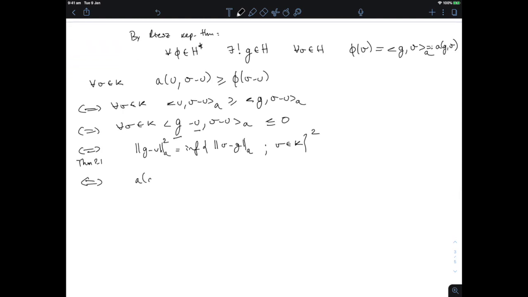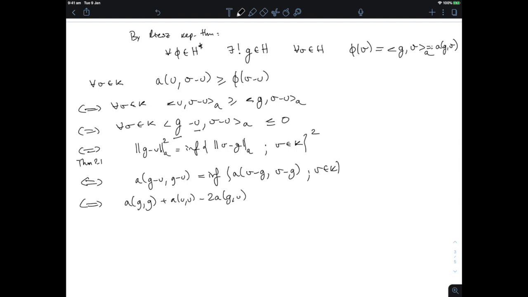We've got that A of G minus U, G minus U has to be the infimum of A of V minus G, V minus G over all V in K. And then we can expand this and we get A of GG plus A of UU minus the cross term, and we use symmetry here, equal to the infimum of A of GG plus A of VV minus 2 A of VG, also using the symmetry.